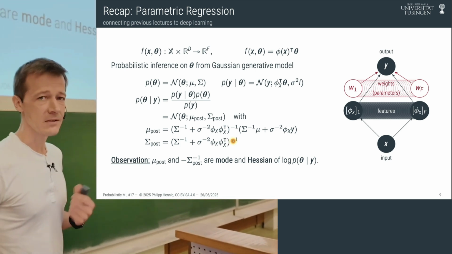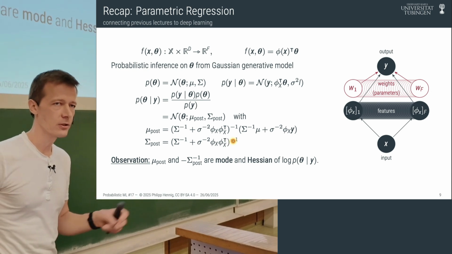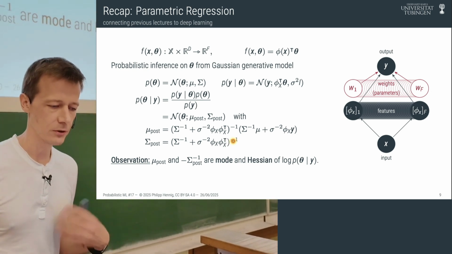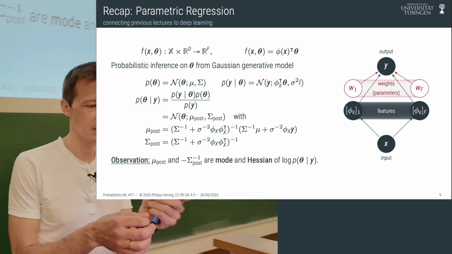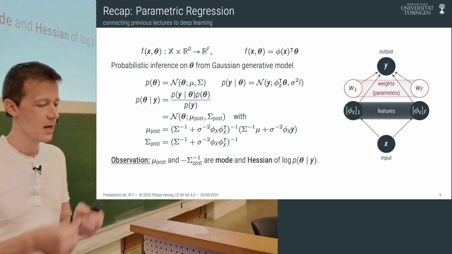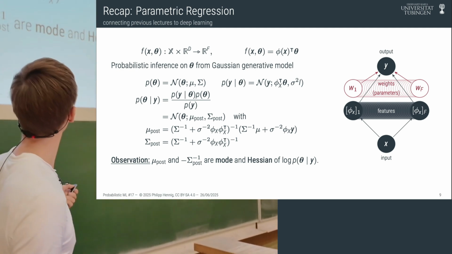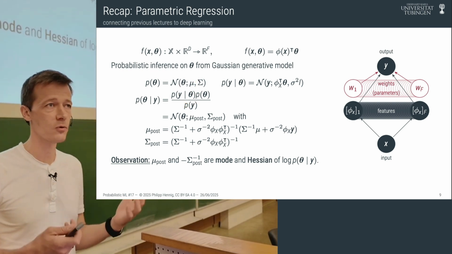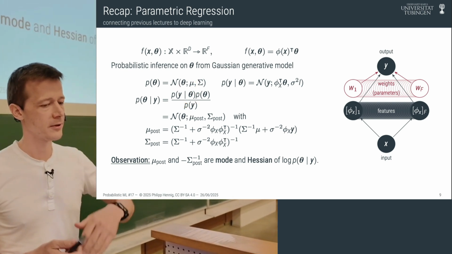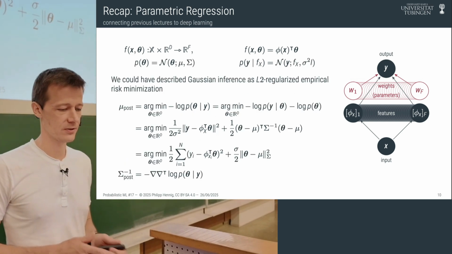So one interesting observation that I actually mentioned already when we did regression, but now I'm just going to do it again, was that we can make this connection to empirical risk minimization really tight by considering the logarithm of this object. Because Gaussians are exponentials of squares, their logarithms are just quadratic functions.